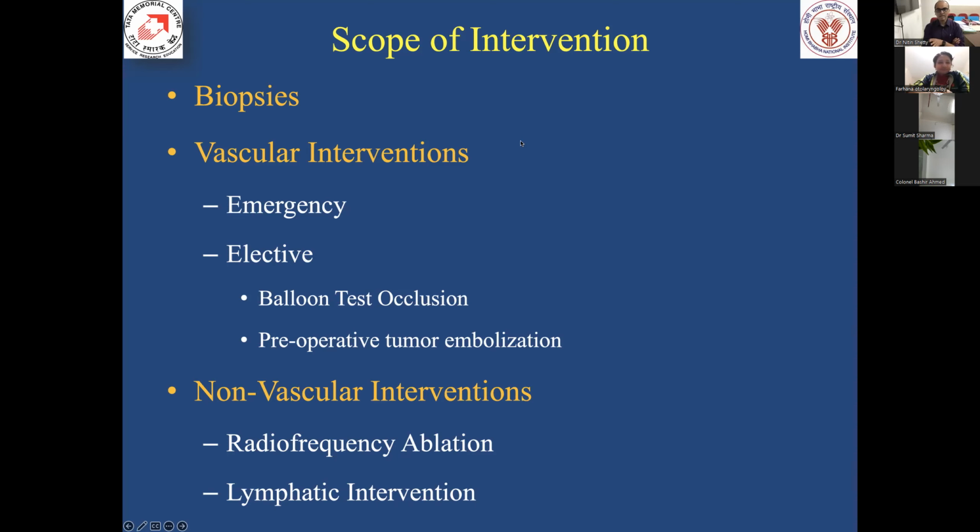It's time tested and consistent, and its safety is proven beyond doubt. So most people would prefer to do RFA. Microwave is normally used to give a bigger ablation zone, but with the improvement in technology, microwave is now also able to give a smaller zone of ablation, and both RFA as well as microwave are being used as ablative techniques.